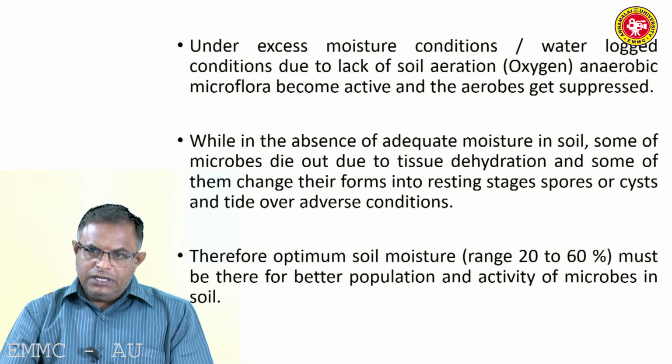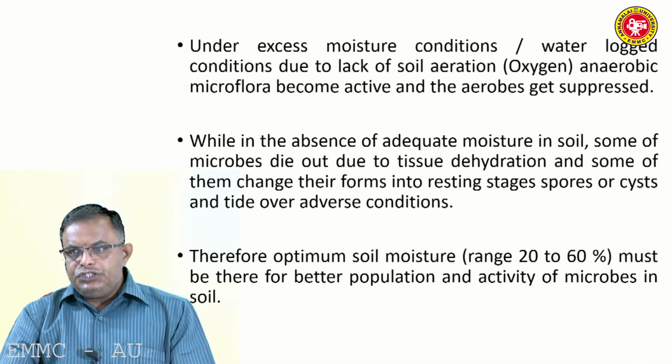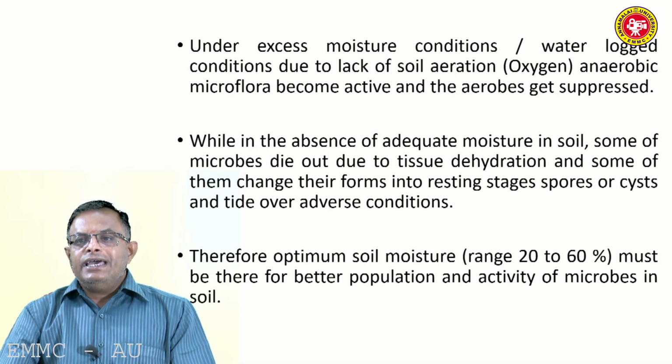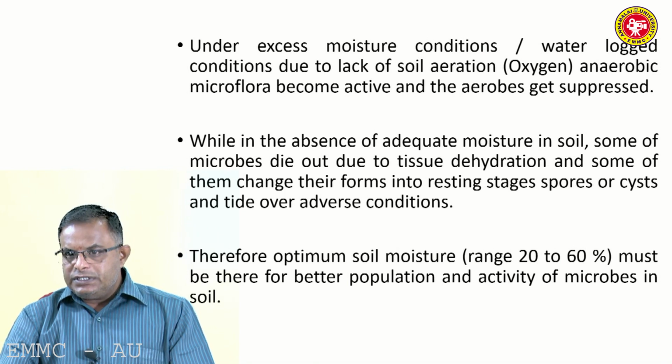While in the absence of adequate moisture in soil, some microorganisms die out due to tissue dehydration, and some of them change their forms to resting stages of spores or cysts and tide over adverse conditions. Therefore, an optimum soil moisture range of 20 to 60% must be there for better population and activity of microorganisms.